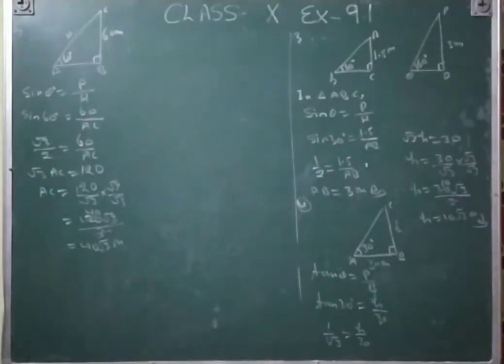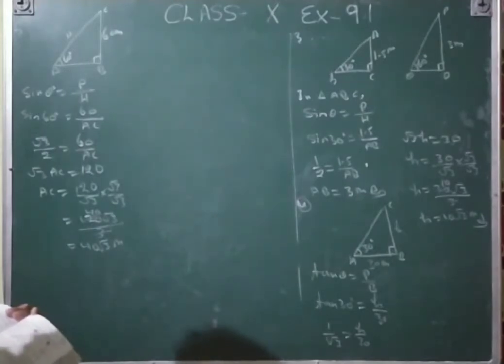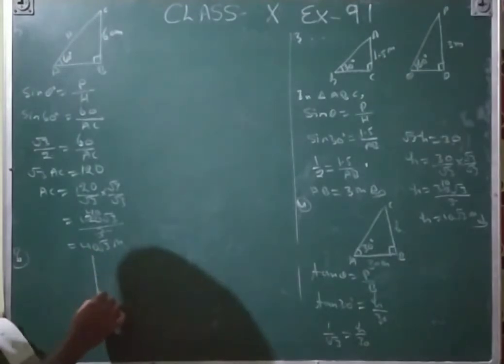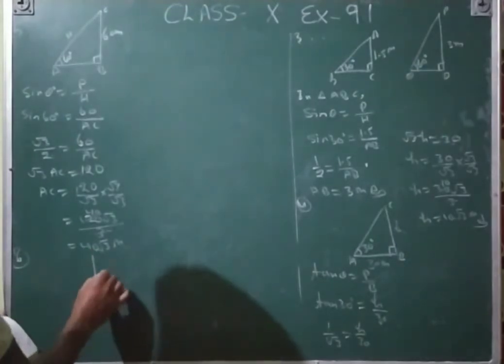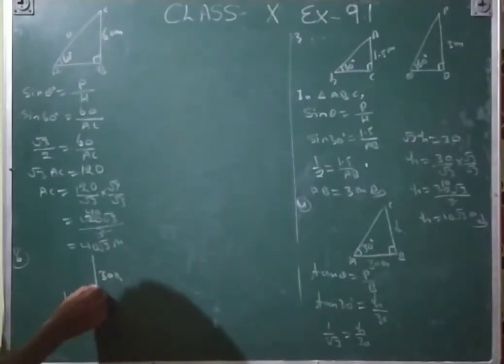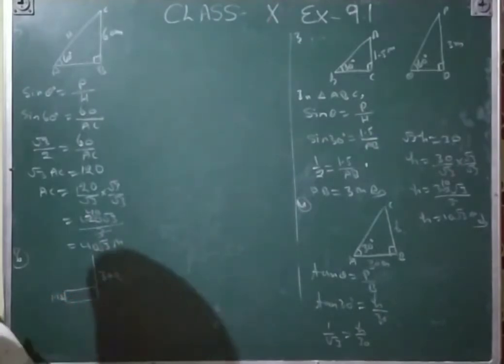The sixth question. A 1.5 meter tall boy is standing at some distance from a 30 meter tall building. This is the 30 meter building, and a 1.5 meter boy is standing in front of it.